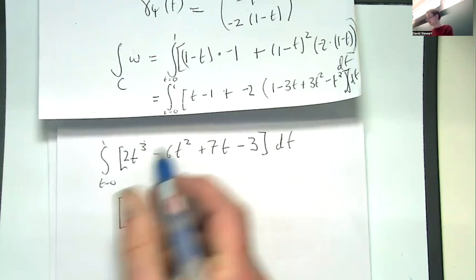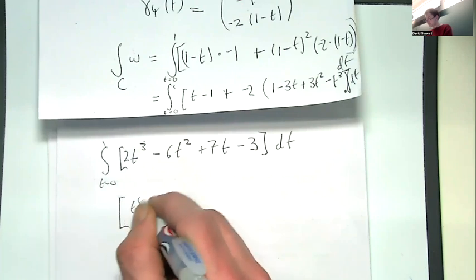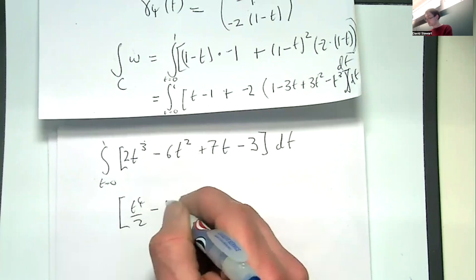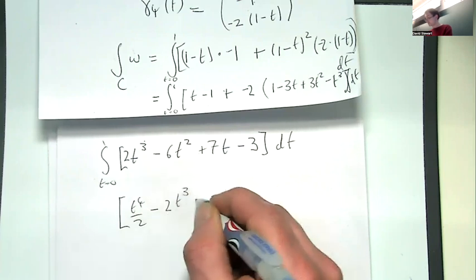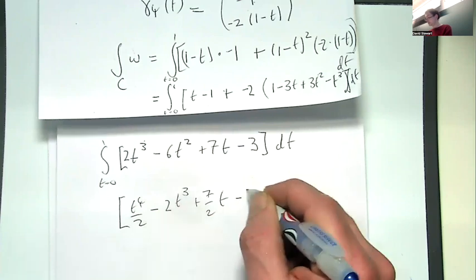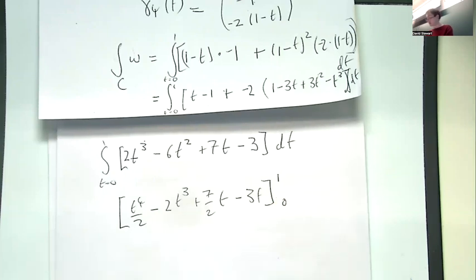And if you do that, add 1 to the power and divide by it, you've got t to the 4 over 2, and then just going along, you've got 2t cubed, and then you've got 7 over 2 t, and then you've got 3t. And then we do that between 1 and 0.